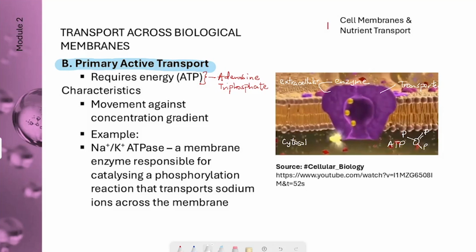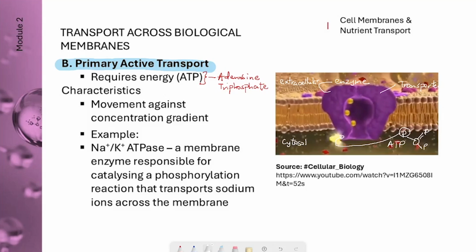When we talk about the phosphorylation reaction in the cytosol, what happens with this membrane enzyme is that ATP releases 1 phosphate, and that phosphate is then used by the enzyme to catalyze this reaction, which I'm about to explain.